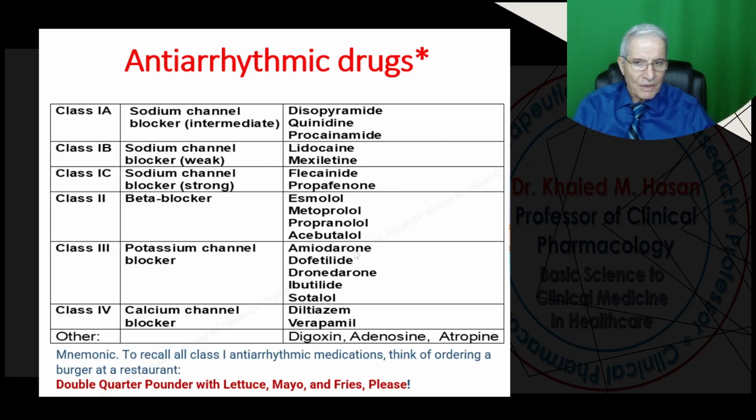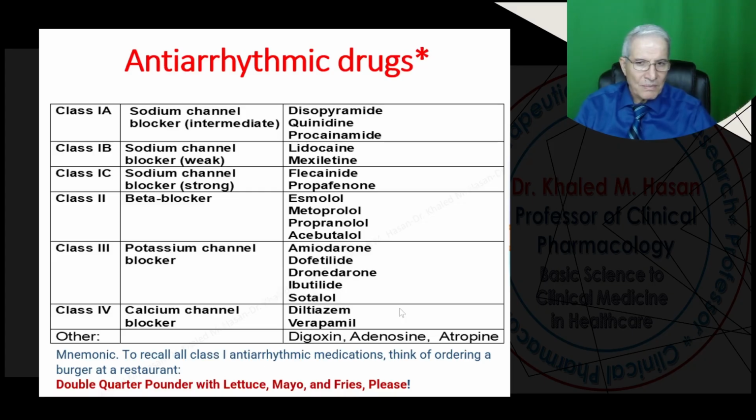How can we remember that? The mnemonic to remember that is double quarter pounder with lettuce and mayo, fries please. If you look at the first letter of each word, double stands for disopyramide, quarter for quinidine, pounder for procainamide, lettuce and mayo stand for lidocaine and mexiletine, fries please stand for flecainide and propafenone.